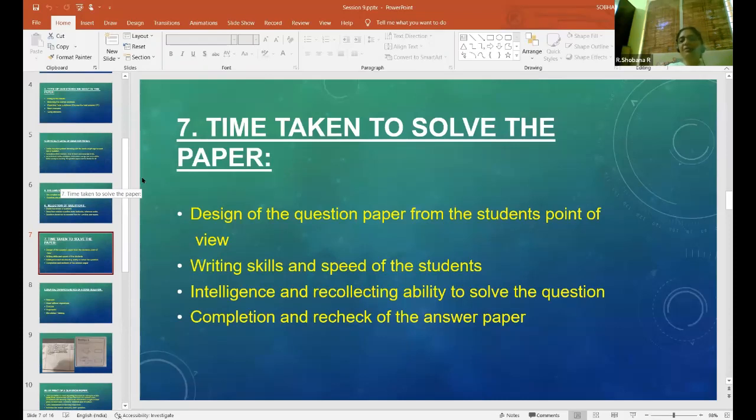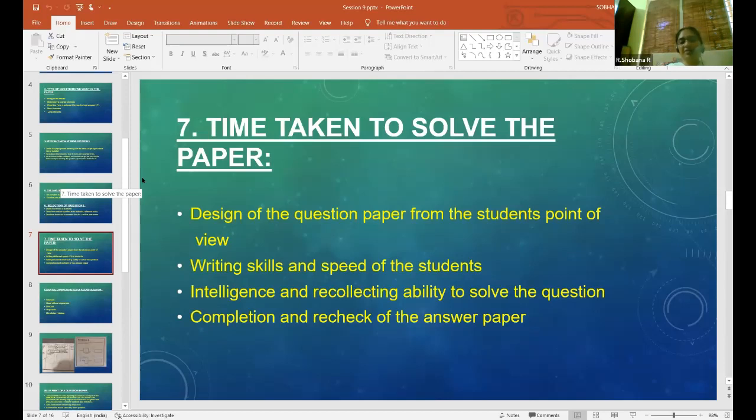Sometimes we find that the child completes the question paper till the last minute, but leaves with so much dissatisfaction because there was no time to check the paper. They are always anxious: if I had checked, I would have corrected some mistakes; now I'm not sure whether I had written everything correctly. So always limit the paper such that they have some 10 minutes to do the final checking and see whether they have completed.